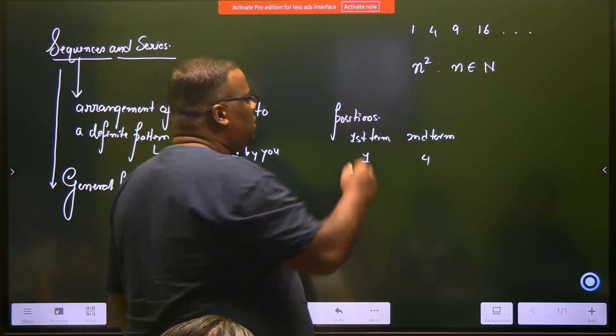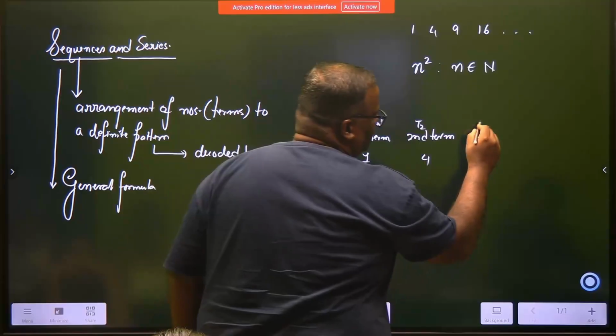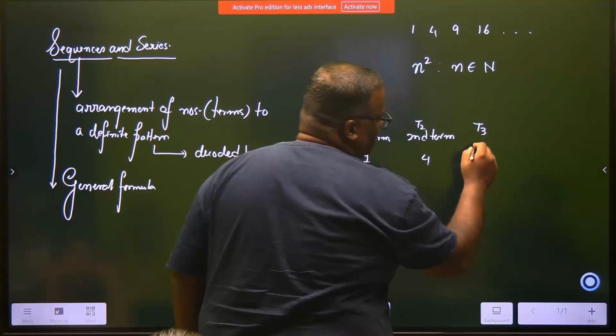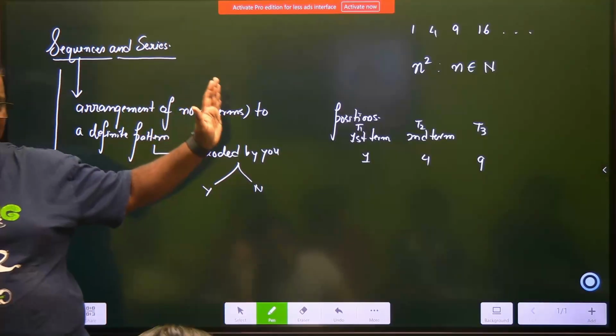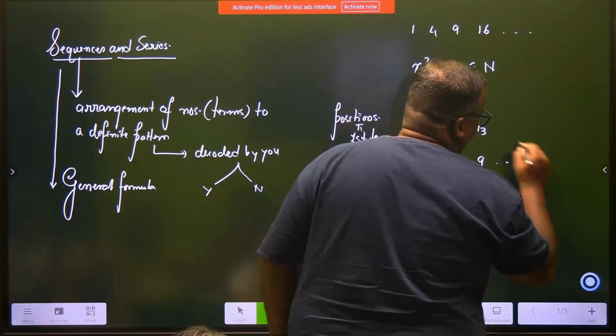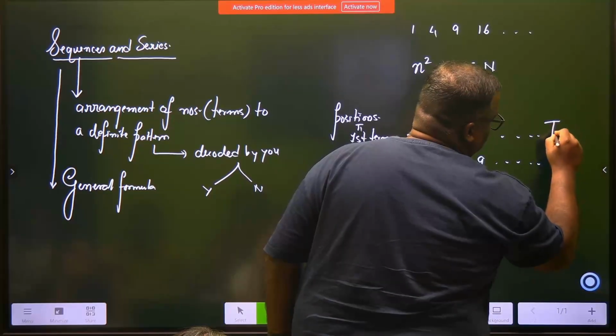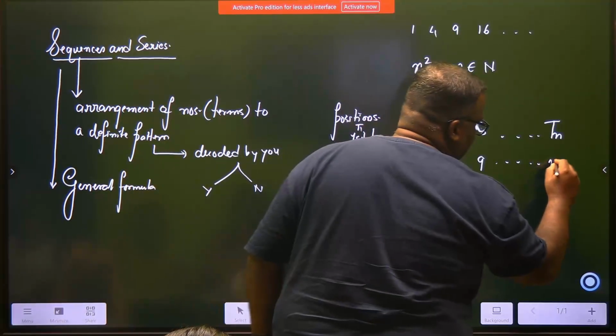And these terms we can denote by T1, T2, then T3 will be how much? 9. Because at T3, n is taking the value 3. This is a part of logical mathematics, okay? n will take the value 3. So, when we give the general formula, we say what is the nth term? Tn. So, Tn is n square.